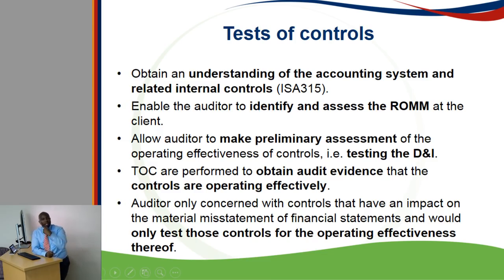Specific example, in the ordering function, what are the risks in terms of the cycle that we talk about, revenue? What are the risks in ordering? For example, the customer comes in, or the customer might not have an account with us. The customer might not have a credit limit with us. The customer in that regard might not be able to pay for the goods. If you haven't performed background checks on the customer, credit checks on the customer, they might take goods that they're not able to pay for.